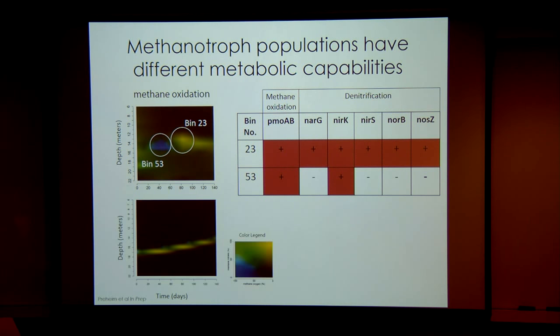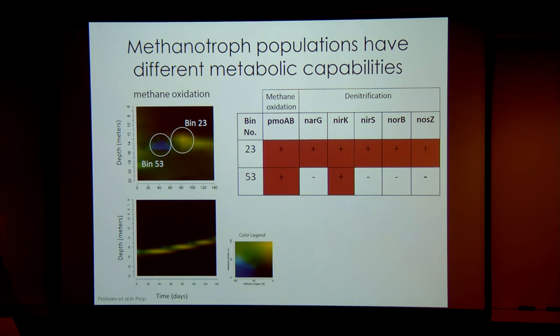But in terms of trying to understand where these processes are occurring, you can see there's maybe this exclusionary one coming up at one point, and then the other one comes up later, and they're not overlapping quite as much in this area where we think methane oxidation would be occurring. And if we calibrate the model to include this process with denitrification coupled to methane oxidation, this is not what we expect to happen.